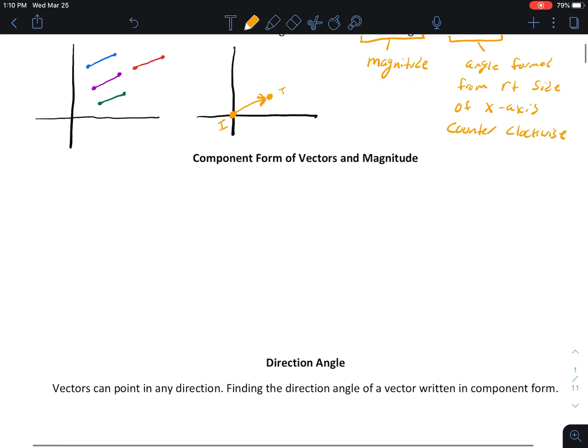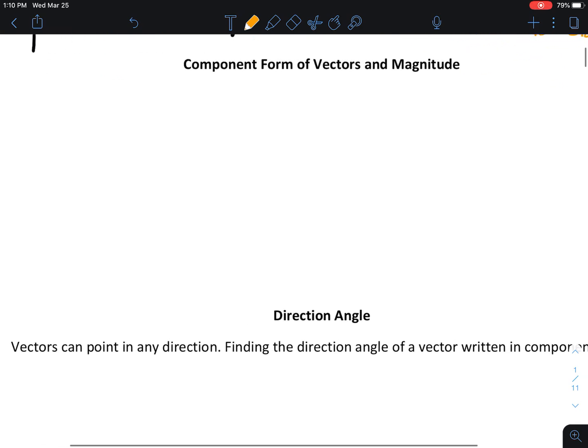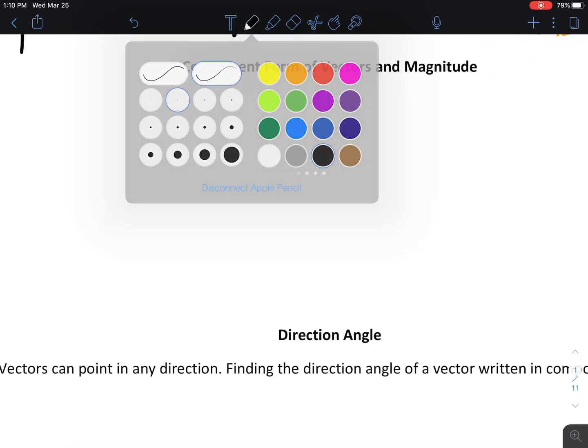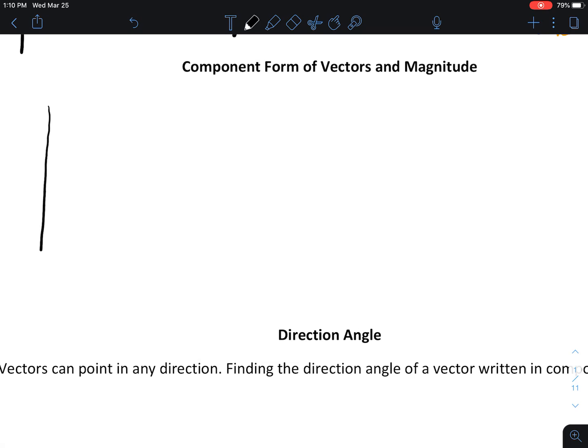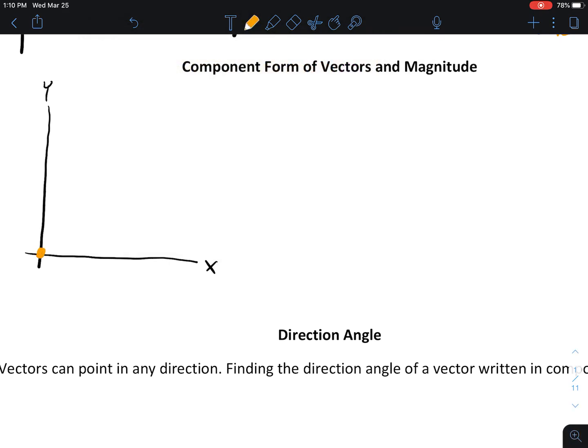Now, let's talk about how to find this vector, I guess its component form per se. So I'm going to draw another coordinate plane here, so that way it's a little bit bigger. So I have y, I have x, and I'm going to make that vector I draw, where I have my initial and my terminal points, a little bit more spread out.